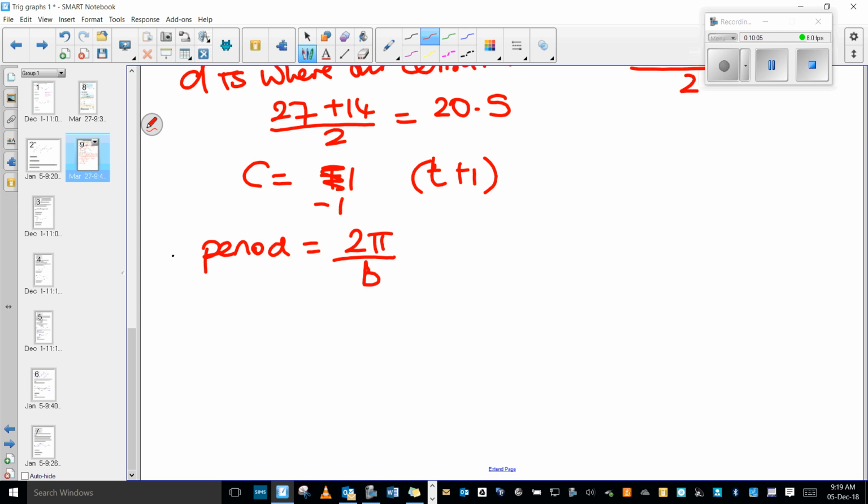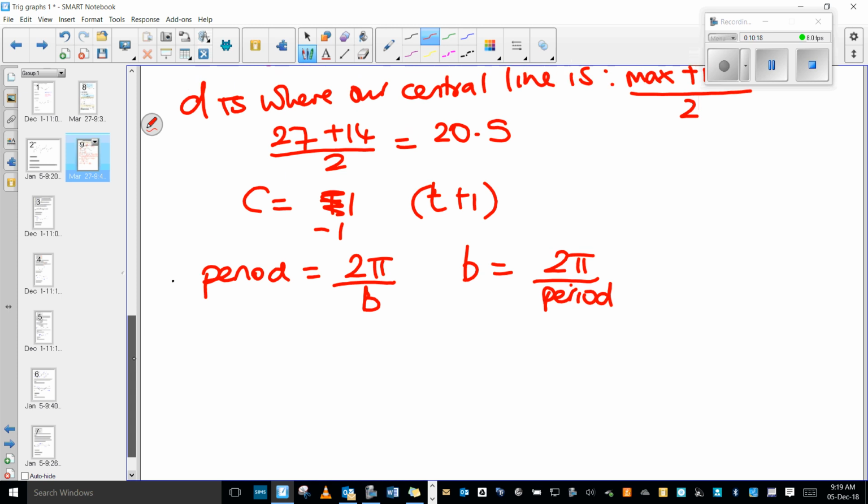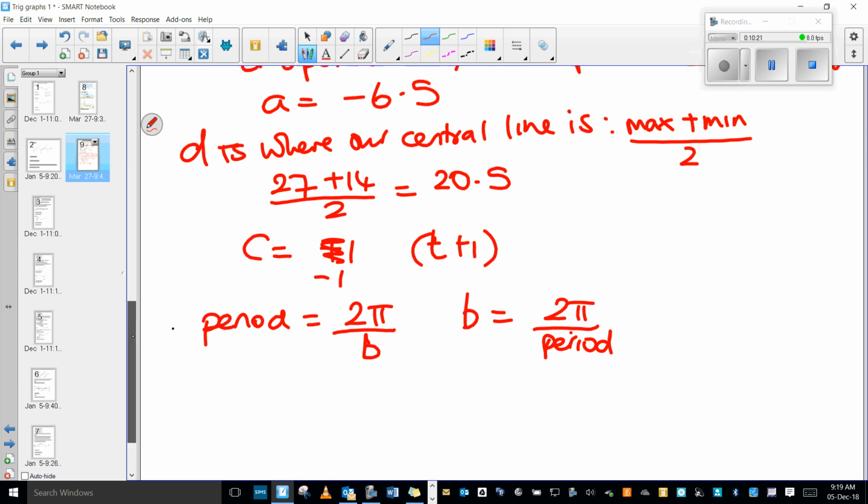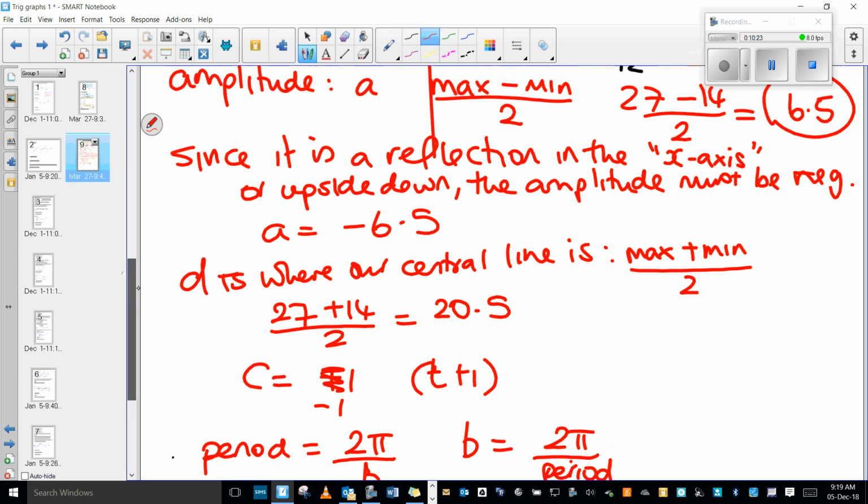So our value of b is going to be 2 pi divided by whatever our period is. We had this rule before, so the value of b is going to be 2 pi divided by the period. Now, why have I said pi and not 360?